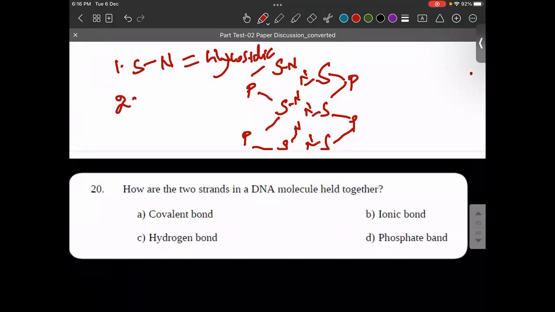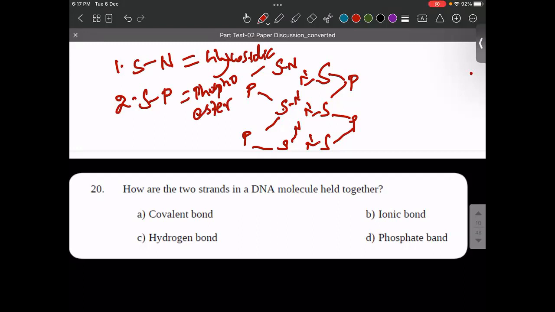Second, the sugar to phosphate. The 5-carbon sugar to phosphate group is the phosphoester bond.